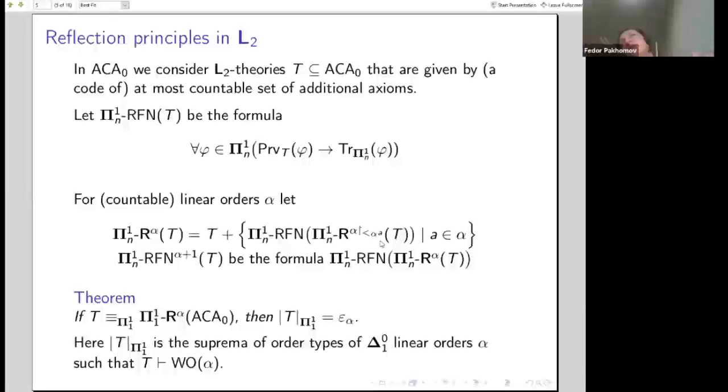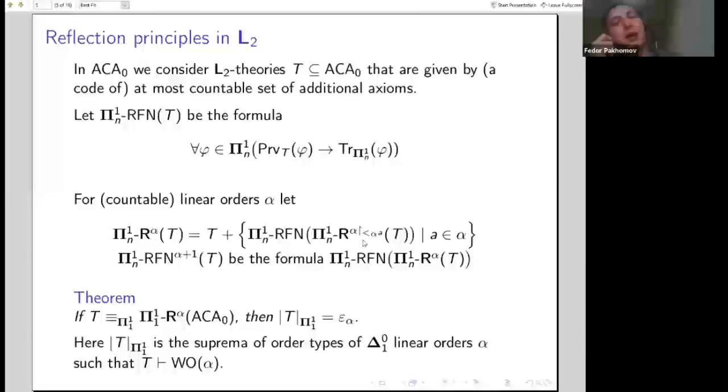Over set theory, which can already talk about ordinals, we would just talk about iteration along ordinals and then about all smaller ordinals, using the usual set-theoretic transfinite recursion.